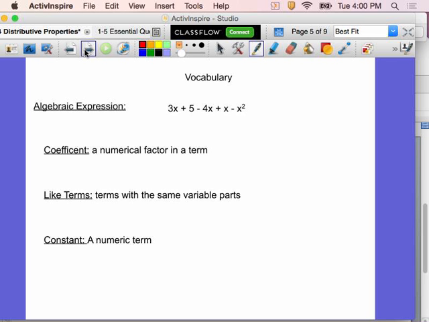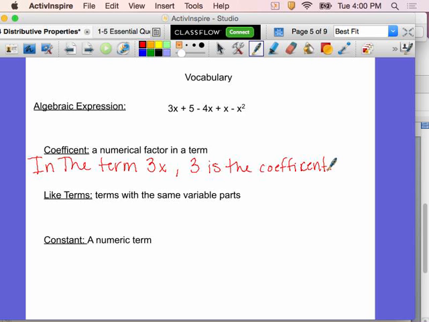So, for example, in the term 3x from above, 3 is the coefficient. That word is hard to remember, but it's super useful in algebra when we start trying to talk about what we're doing and why we're doing it.